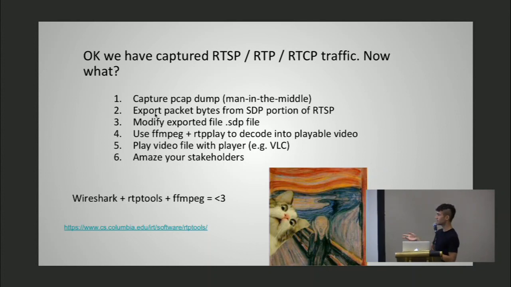So we just use a combination of RTP tools, FFmpeg, and Wireshark for capturing the traffic. We just need to export the bytes from the SDP portion of the RTSP, modify a few things, and then use a combination of FFmpeg and rtpplay to decode all the traffic into a playable video. And then we just play it with any video player.